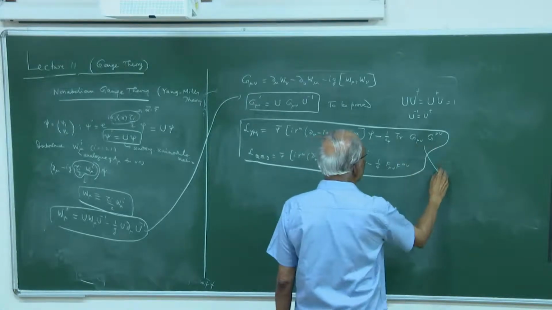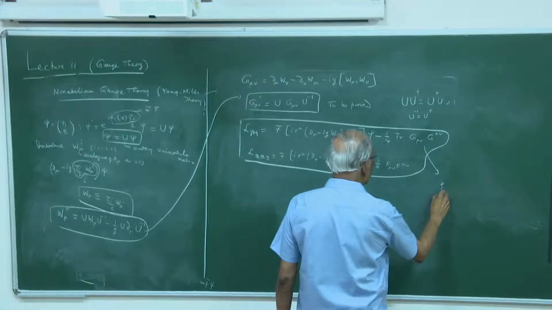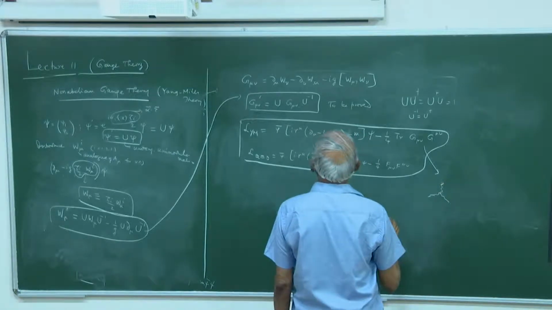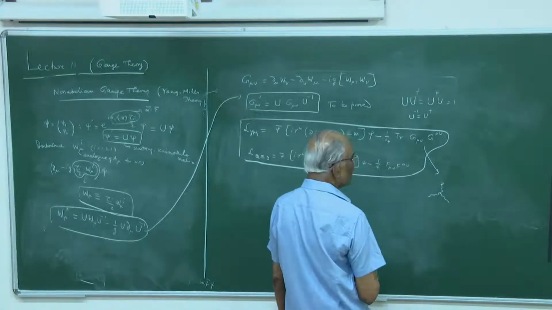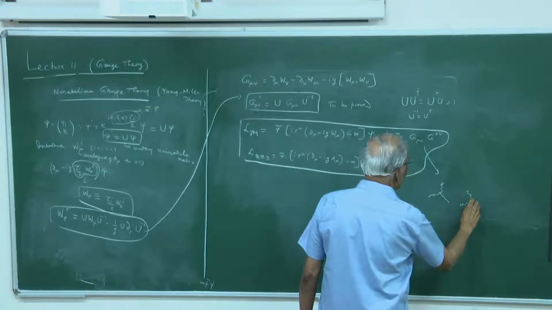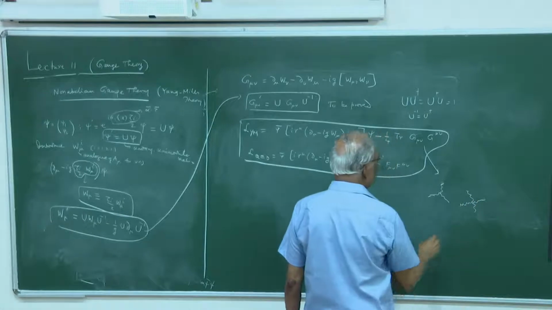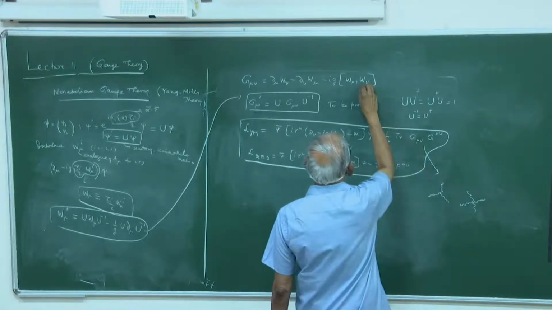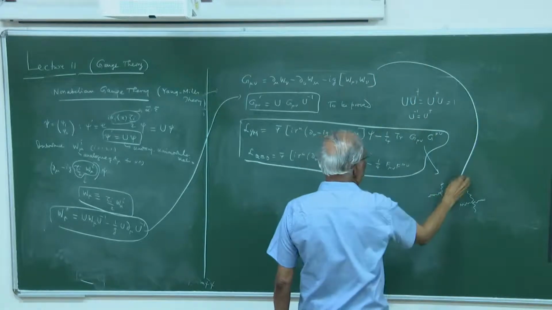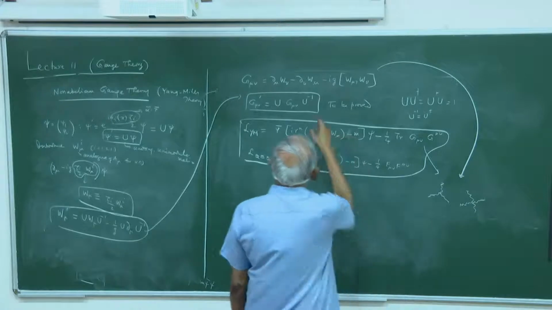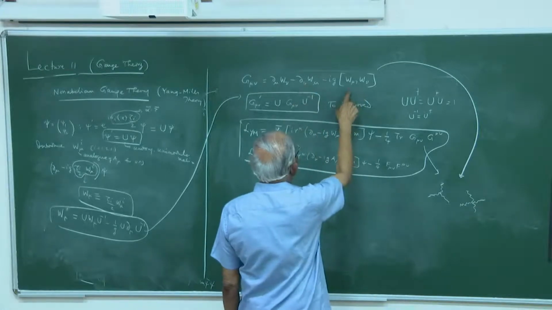So this leads to, in pictorial language, where each wavy line represents a W mu, a cubic term plus a quartic term. So the typical non-abelian vertices, cubic and quartic, are contained in this term, because it is a linear term and a quadratic term.